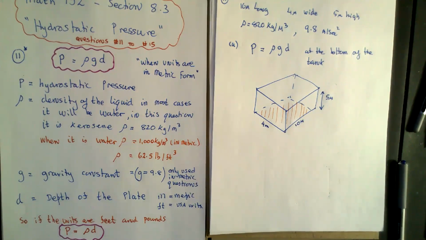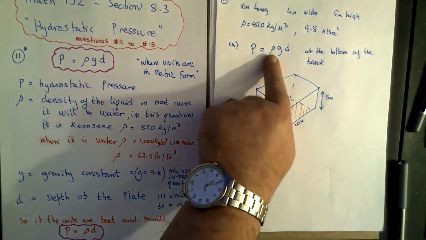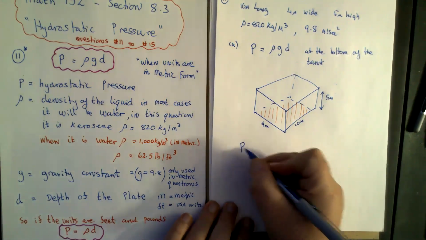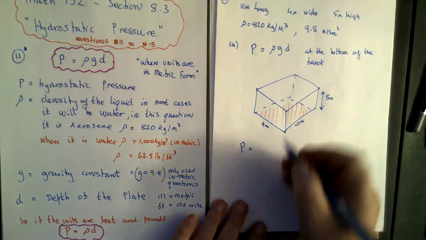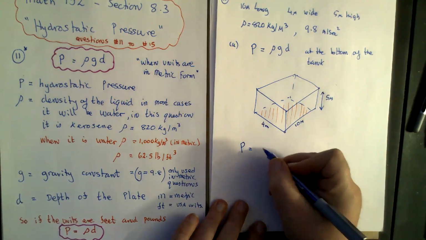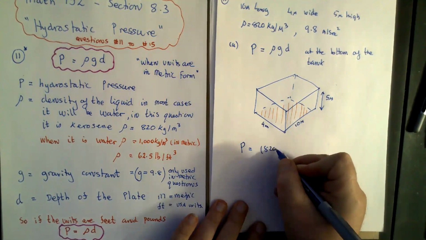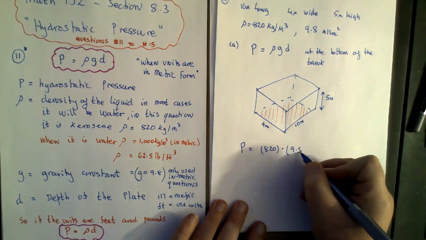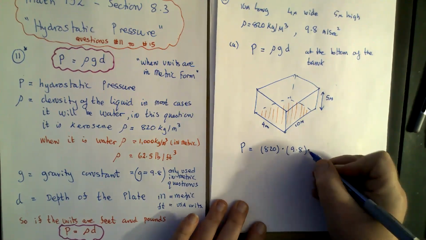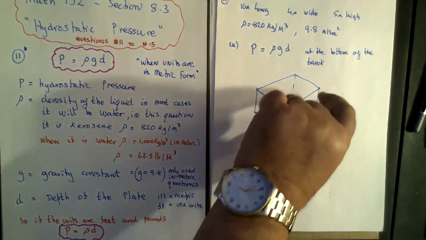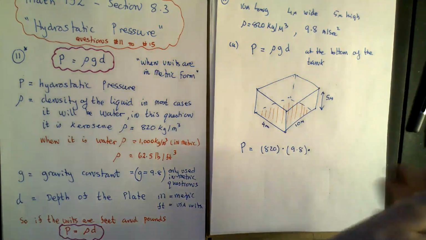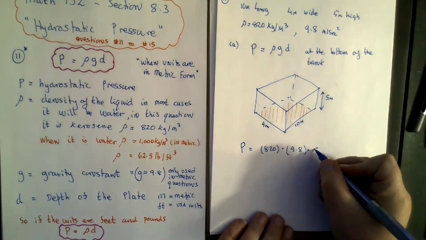So if we're talking about what the numbers are going to be for these three guys, the hydrostatic pressure is the density, rho, which is 820, multiplied by the gravitational constant, 9.8, times the depth. If you think of this being full of water, you've got a column 5 meters deep.